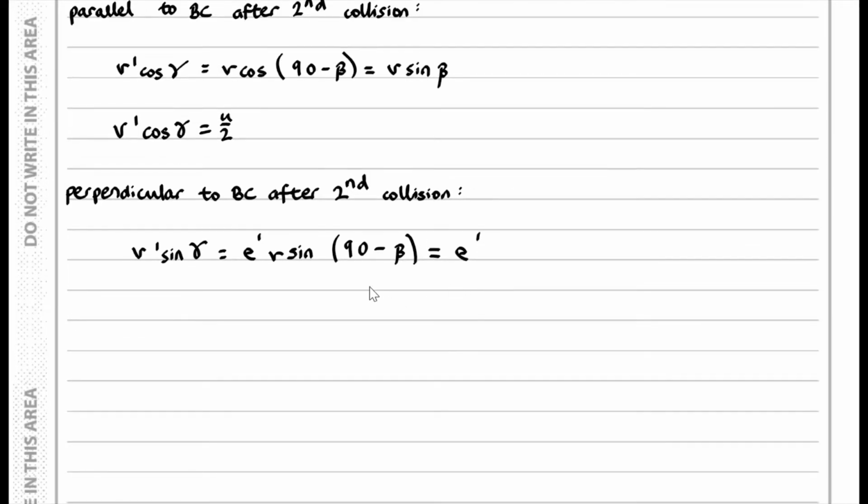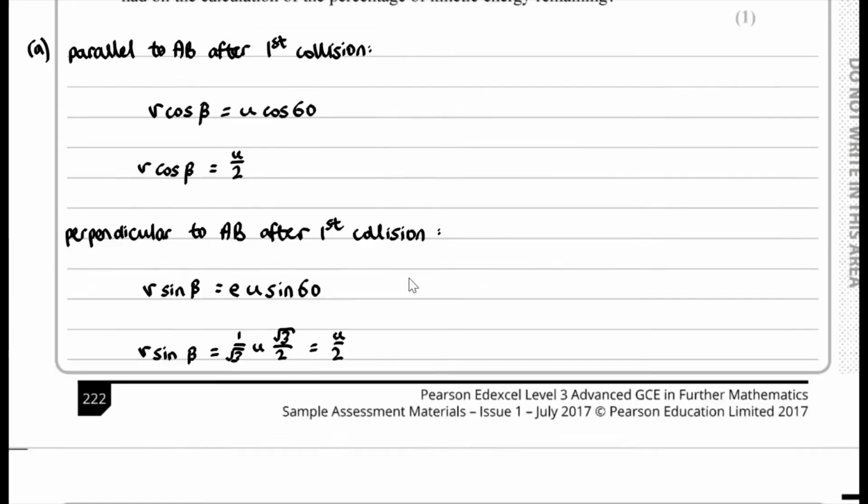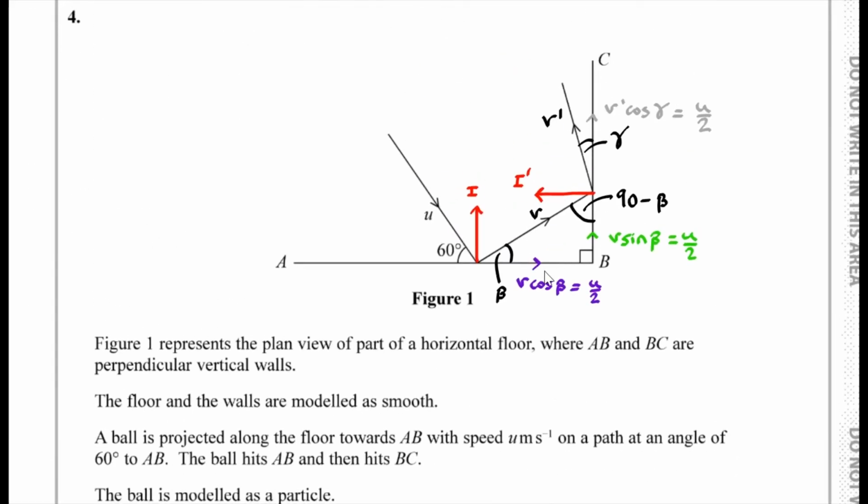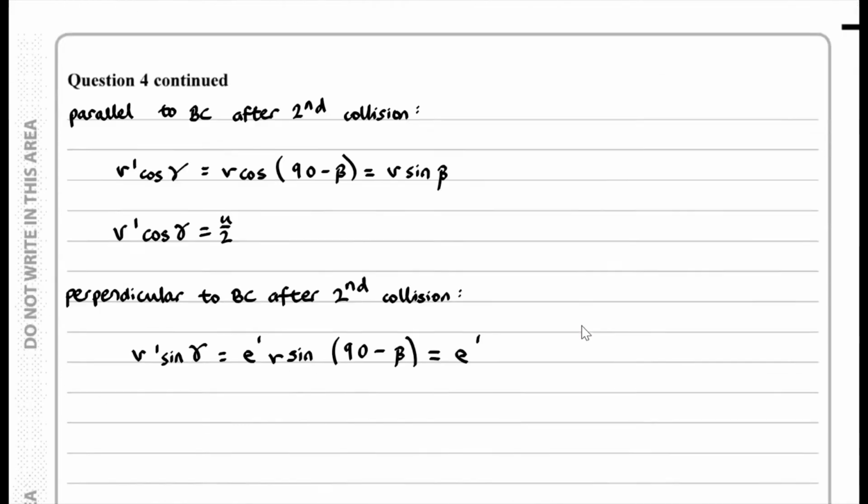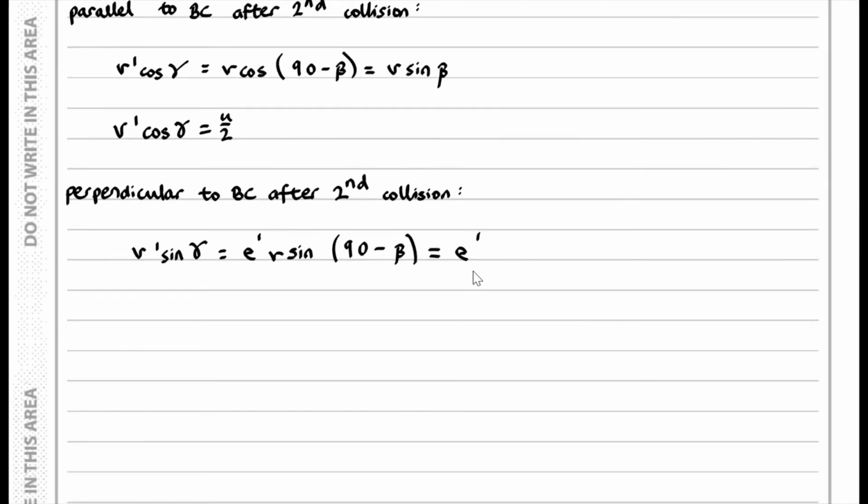So of course resolving perpendicular to BC, we also have this component over here, V cos beta, and that's perpendicular to BC. So we multiply this by V times by the cosine of beta.